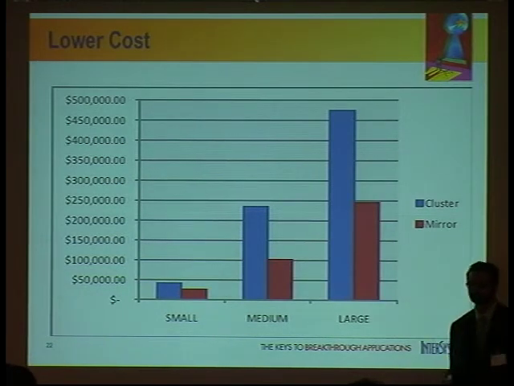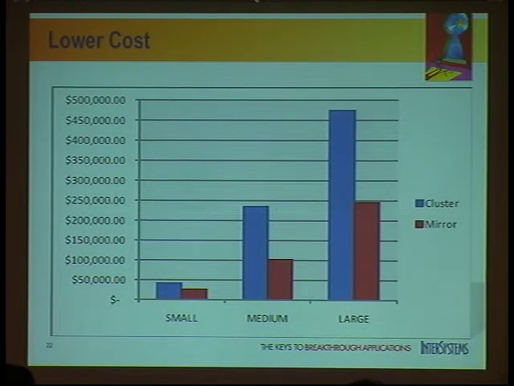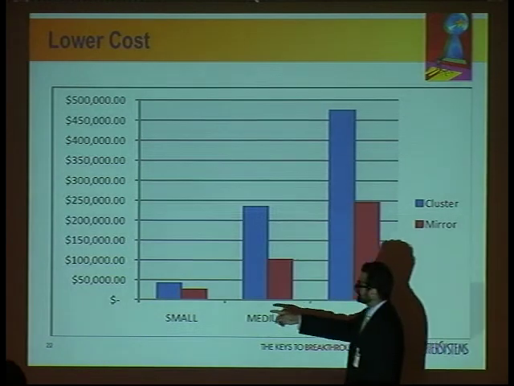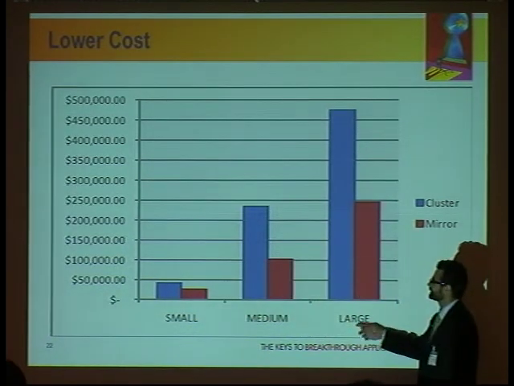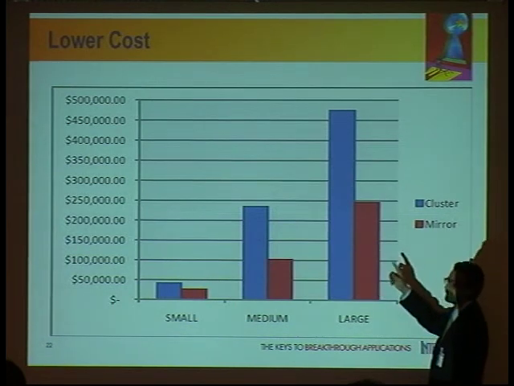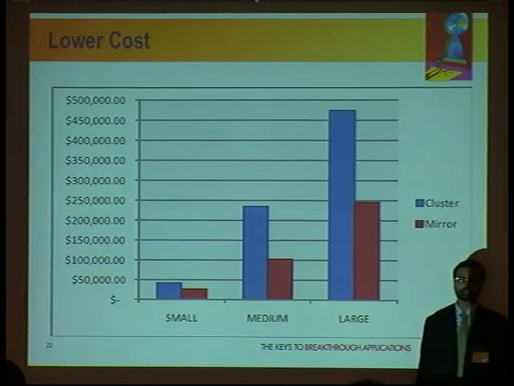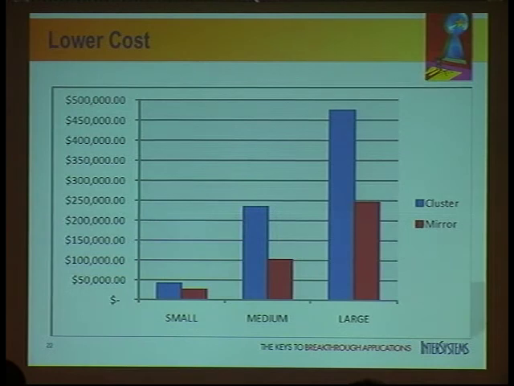And then the red bars are what their configuration would look like if they used mirroring. And in this graph, shorter bars are better. Shorter bars means less money. So from this perspective, you see that there's a small gain in the small configuration, but the medium and large configuration have roughly around 50% reduction in cost when they use mirroring.